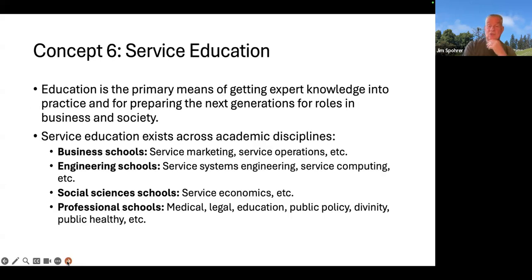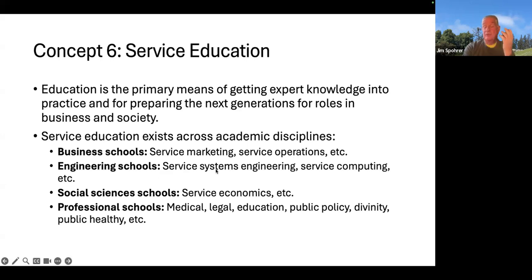The concept number 6 is service education. Education is the primary means of getting expert knowledge into practice and for preparing the next generation for roles in business and society. And service education exists across academic disciplines. Business schools have like service marketing or service operations.